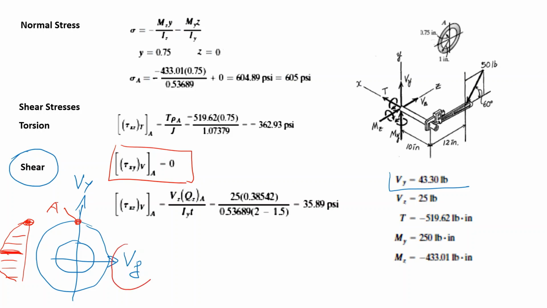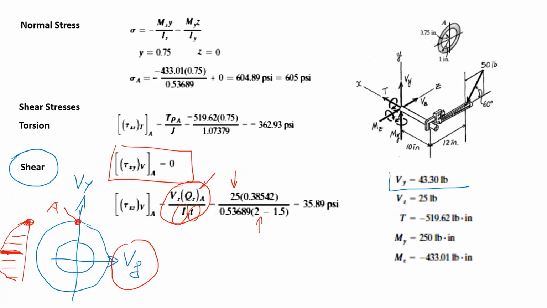What about this one? In this case, I can use this formula. I have already calculated the Q in the previous slide, and this is my V, and these are the Iy and t values.